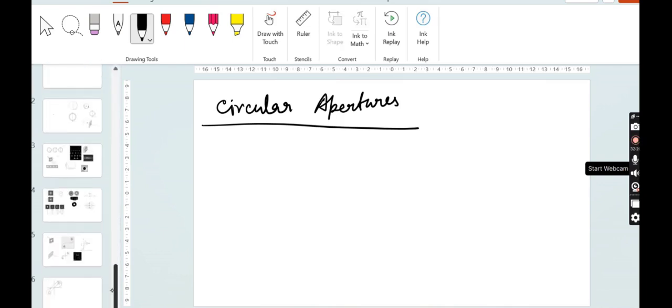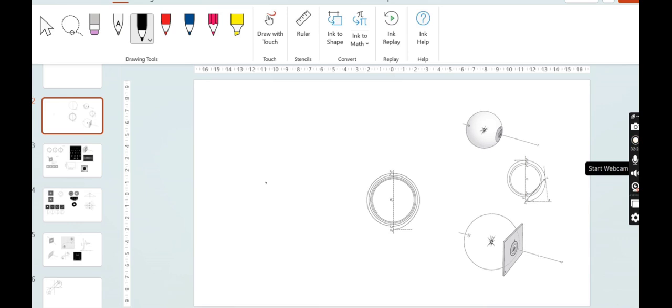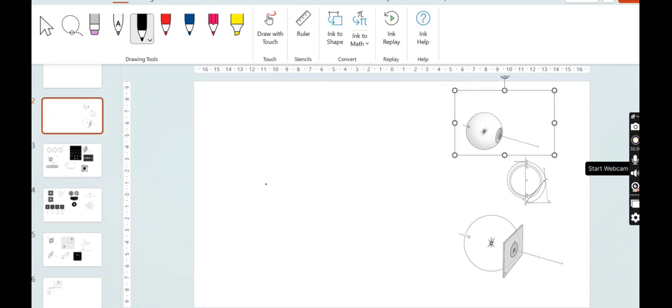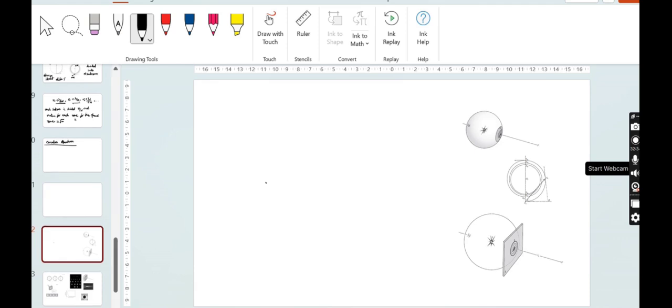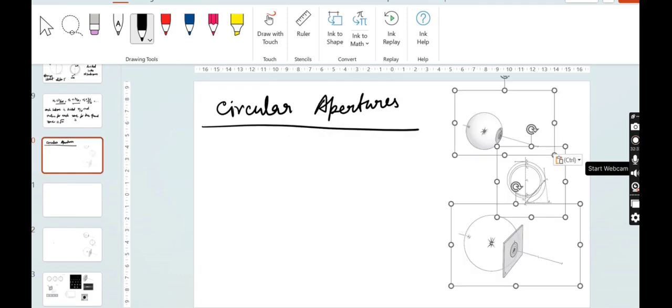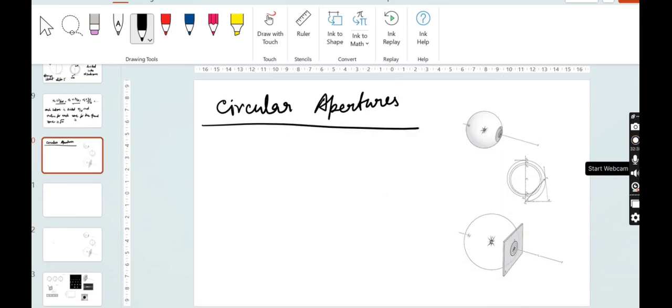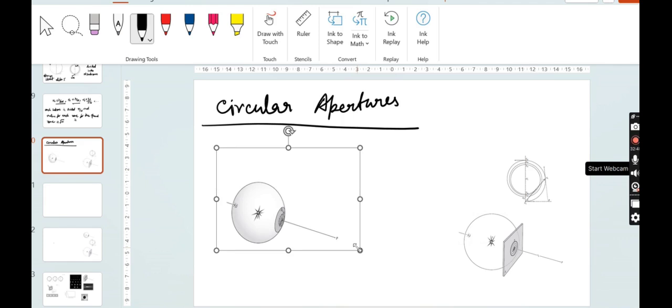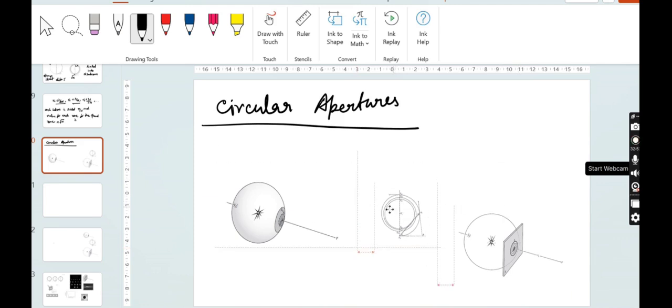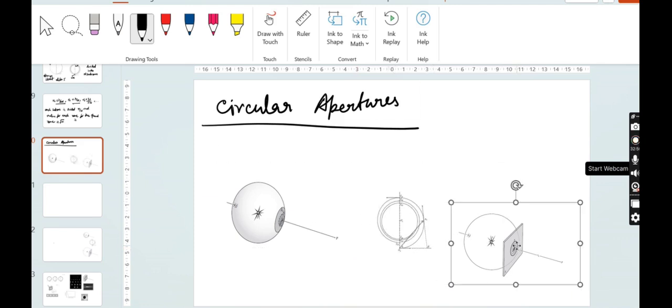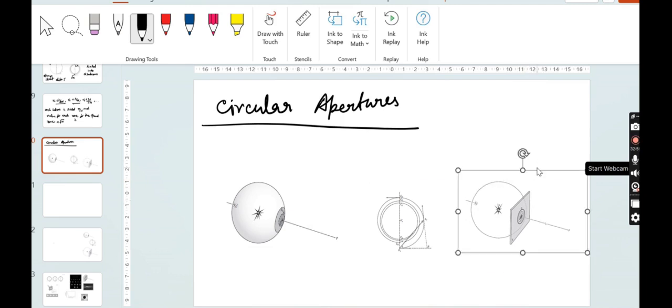So we'll see, this is actually the wavefront, and there is the corresponding vibration curve, and here we put the circular aperture.